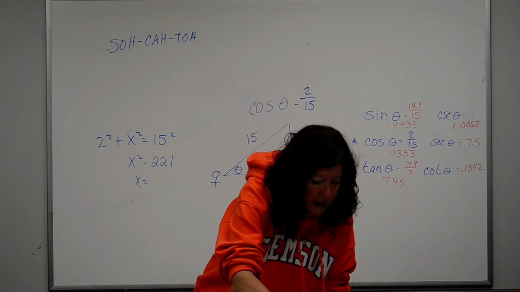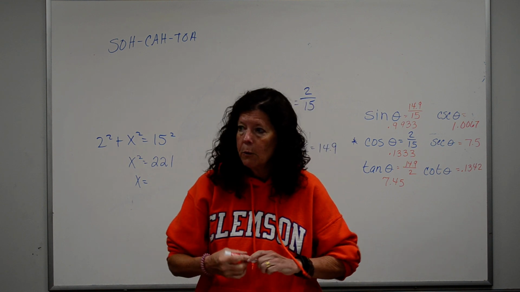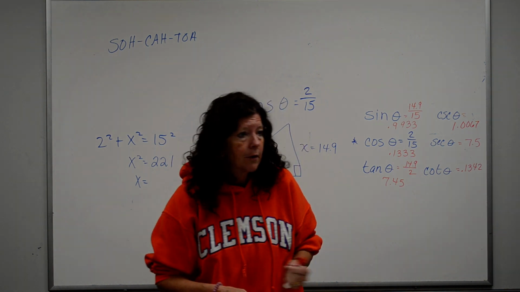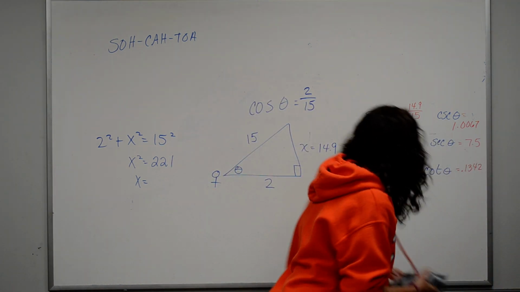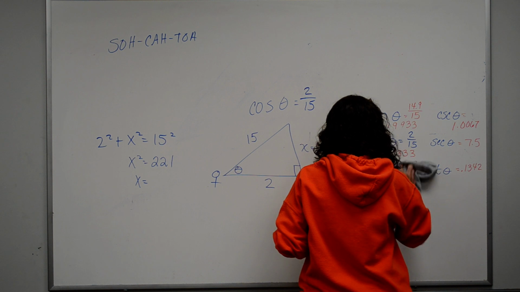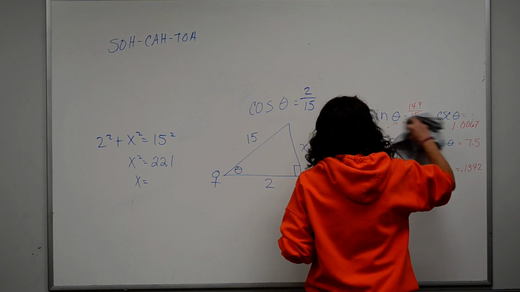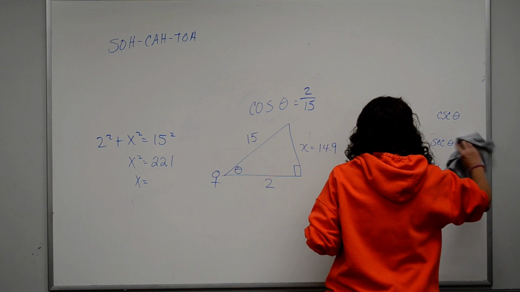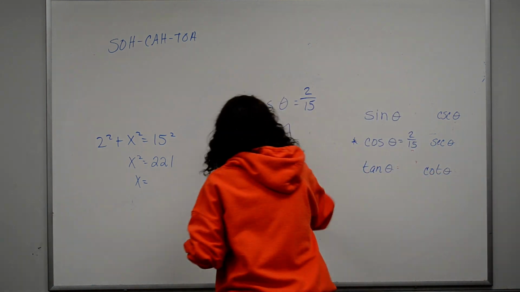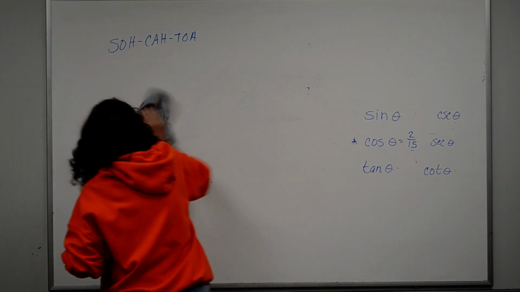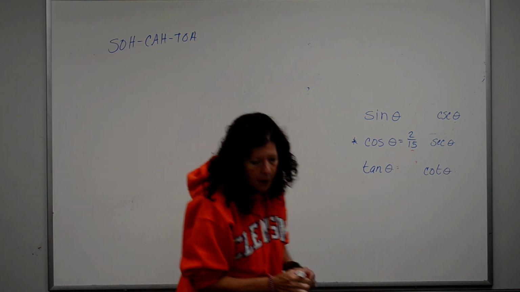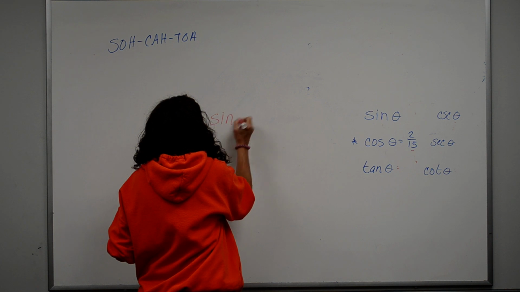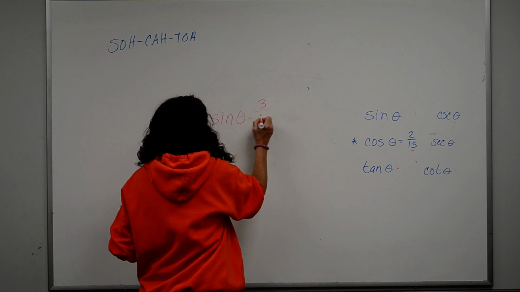Okay. I'm gonna give you one to try, okay? I'm gonna give you one trig function, and I want you to give me the other 5. I will leave all this up here. All right, the sine of theta is equal to 3/4.